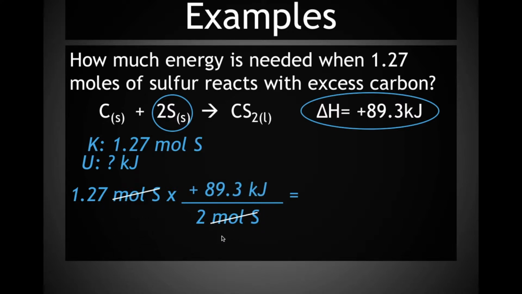The difficulty that I find is this positive or negative sign. In this case, it's easy because you think that they correlate with each other. However, it's not always that simple. So you would take in your calculator 1.27 times 89.3 divided by 2, and you have your answer. That's how much energy is needed when that much sulfur reacts with carbon.